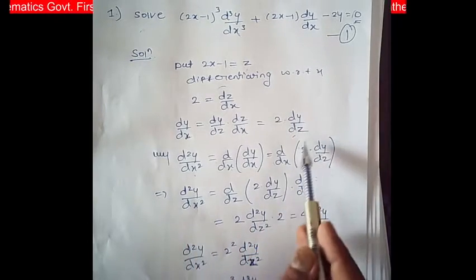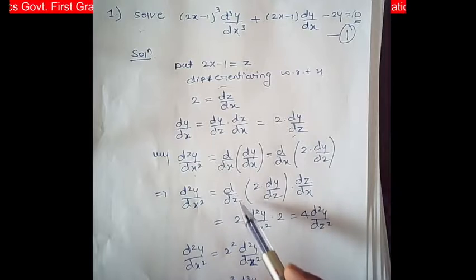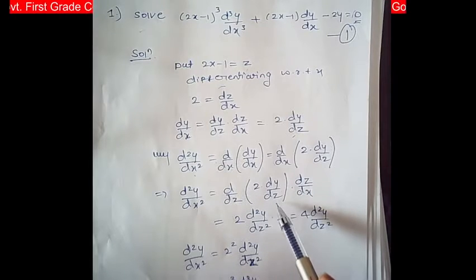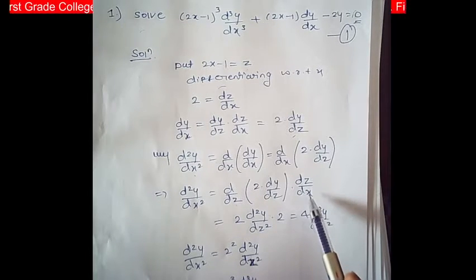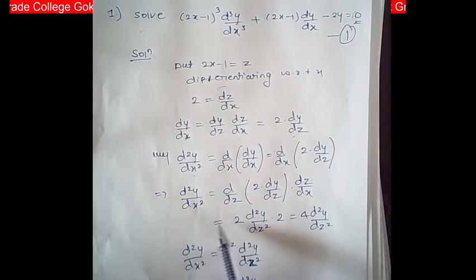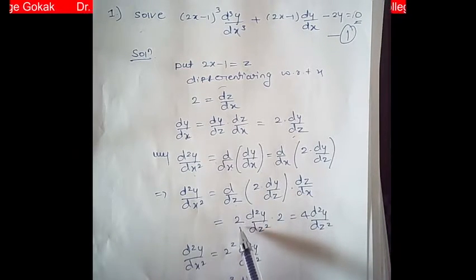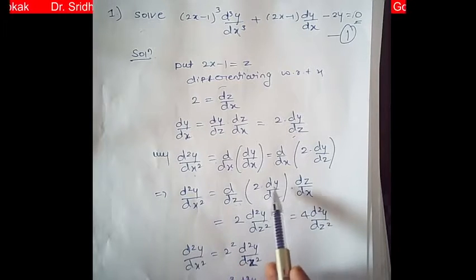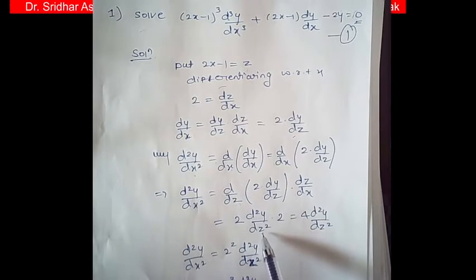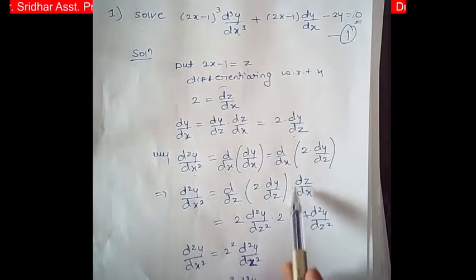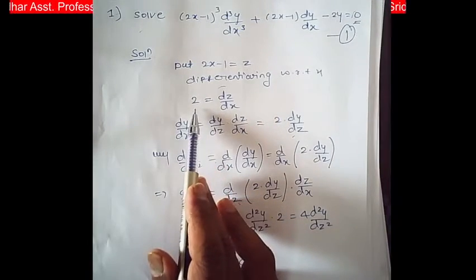So first we differentiate with respect to z, d by dz of 2 into dy by dz, then z with respect to x. Now 2 is a constant, we take that out. d by dz of dy by dz is d square y by dz square, into dz by dx, which is 2.